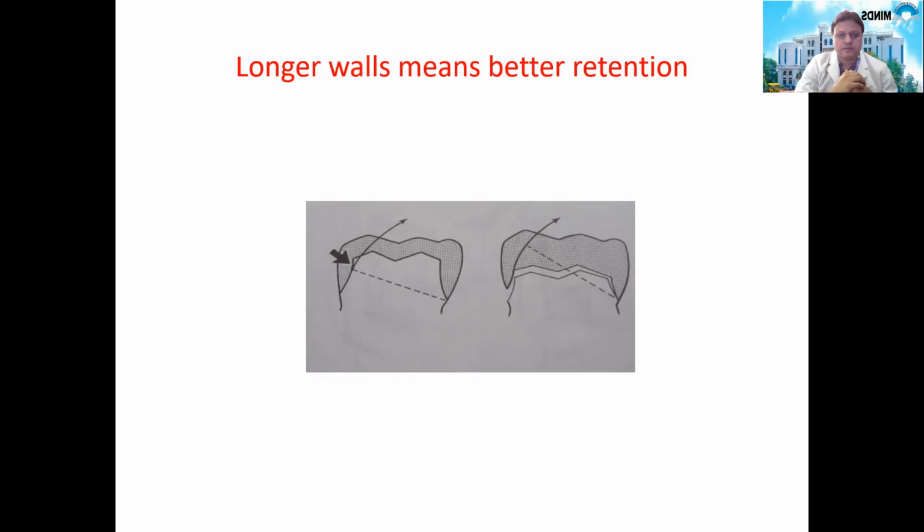In the second picture, you can see the height of the crown is shorter. So the axis around which the crown can rotate is different for both. In the second picture, when occlusal forces or any other dislodging forces happen, the crown can easily come off because the opposing walls do not have adequate height. So the longer walls mean better retention.